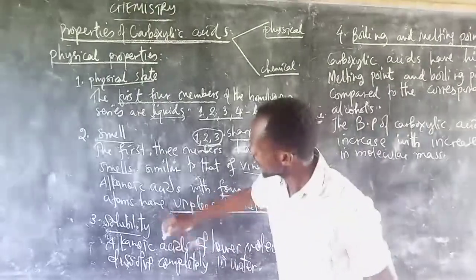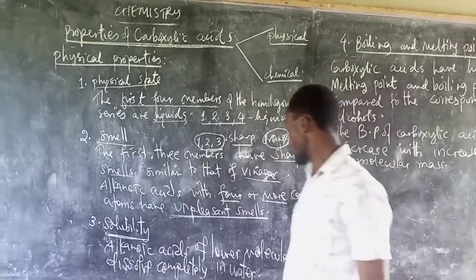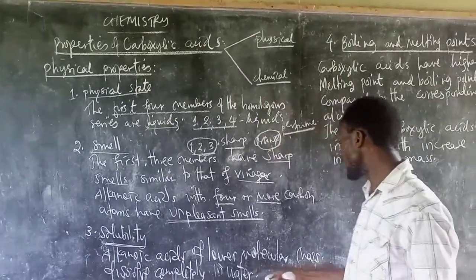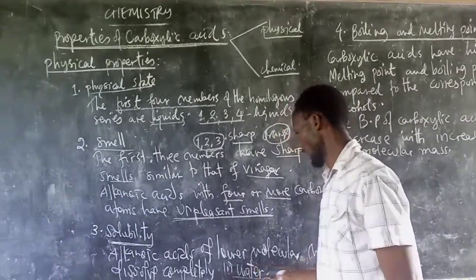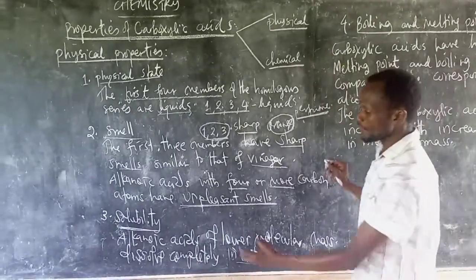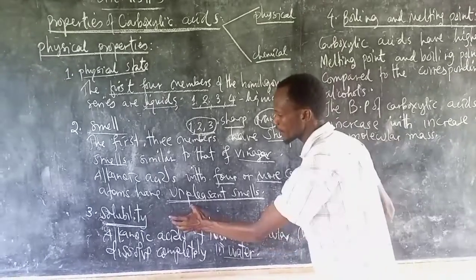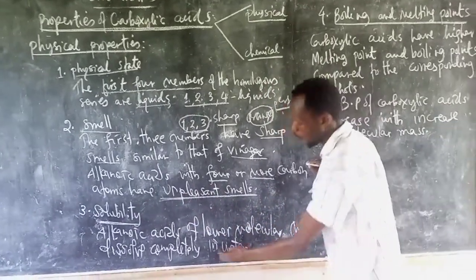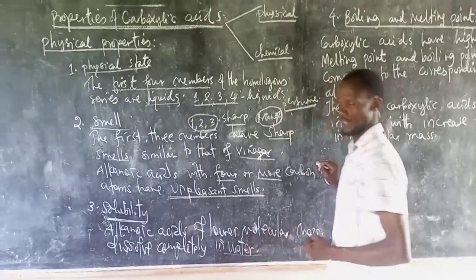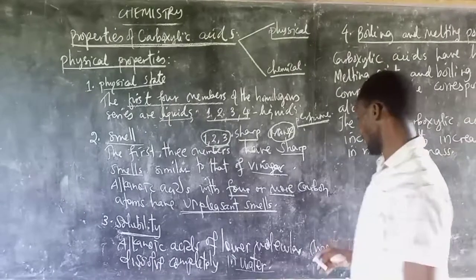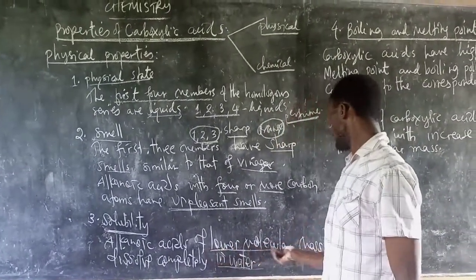Then, the third one is all about solubility. Solubility means alkanoic acids with lower molecular mass dissolve completely into water. Means methanoic acid, ethanoic acid, and propanoic acid dissolve completely in water. But this is only for those which have lower molecular mass.